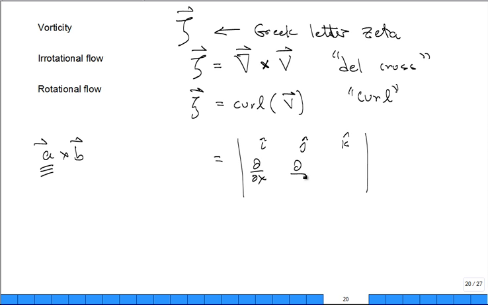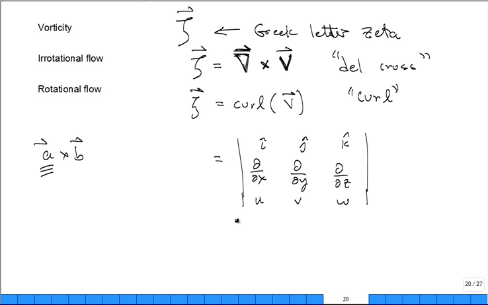Then it's the rate of change with respect to Y. It needs to be given something. And then the rate of change with respect to Z. That's what this del operator is, okay, as a vector. And then the V is just U, V, W, the I, J, K components of the velocity vector field, U, V, W. So there's your little helpful reminder how to compute the curl of the vector field.